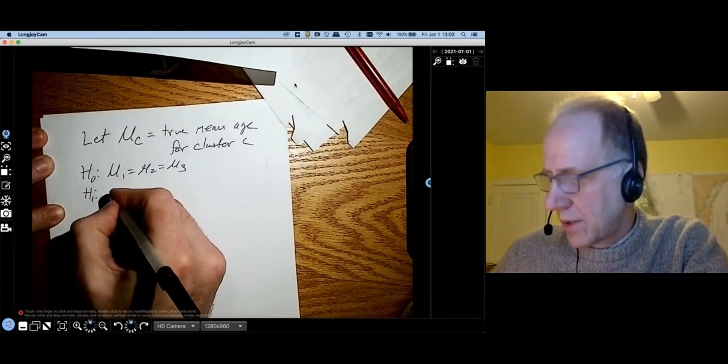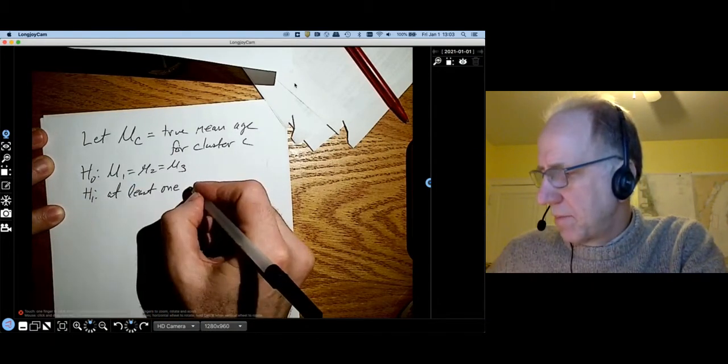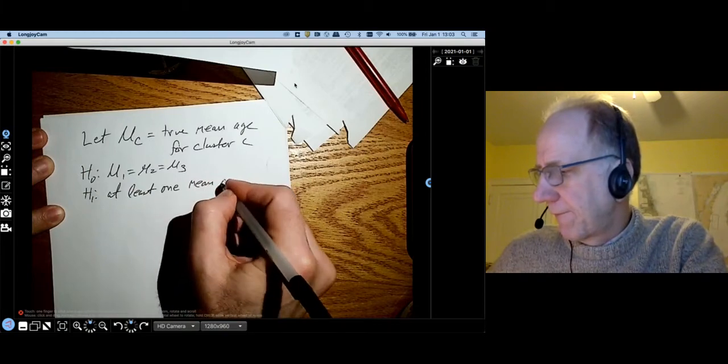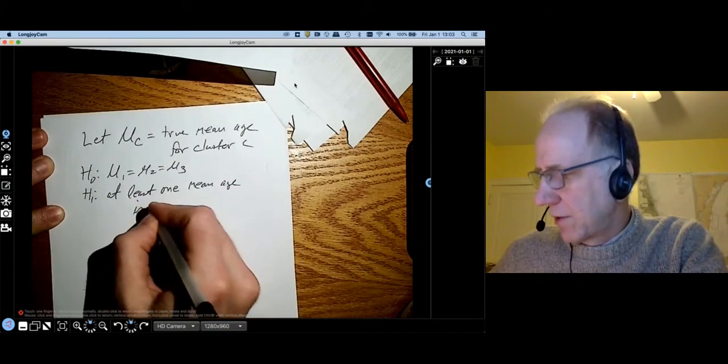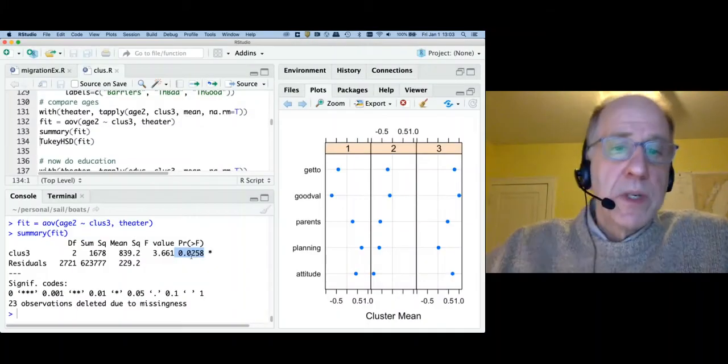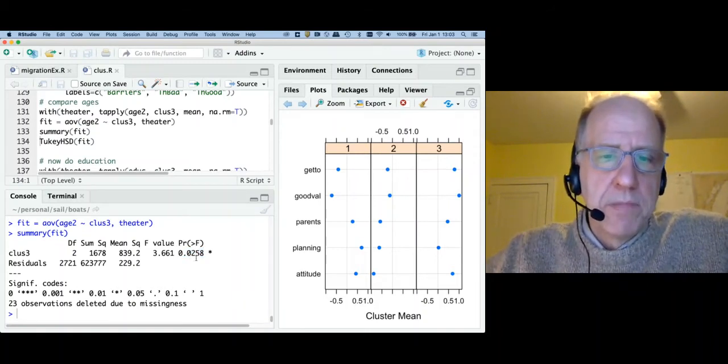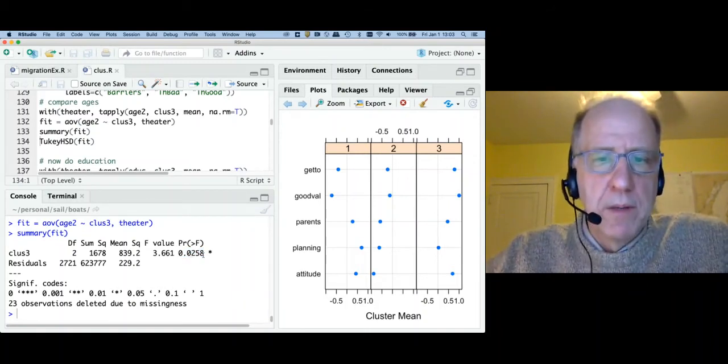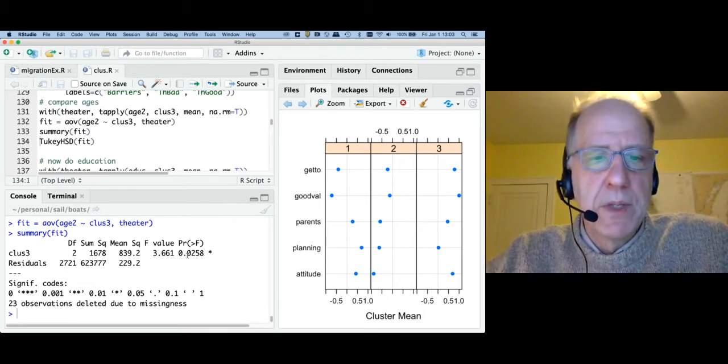The alternative is that at least one mean age is different. So we can reject that null hypothesis, but barely. It's a little bit less than 5%.